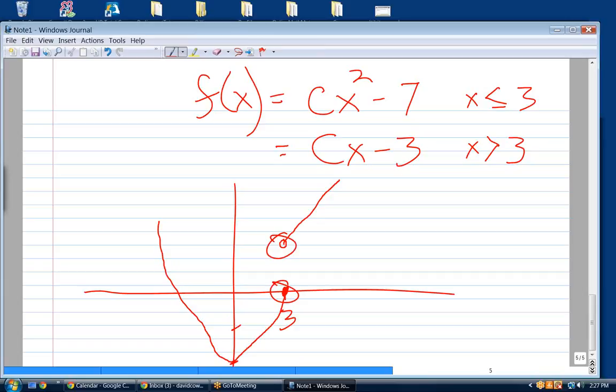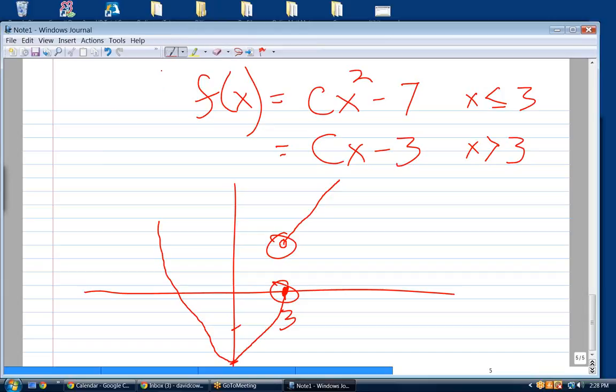That makes more sense. Okay, so now how are we going to do this? What if we took the derivative of that part of the function? Hold on a second. Let me think about this. This is kind of a tricky problem. Yes. Well, let's see.